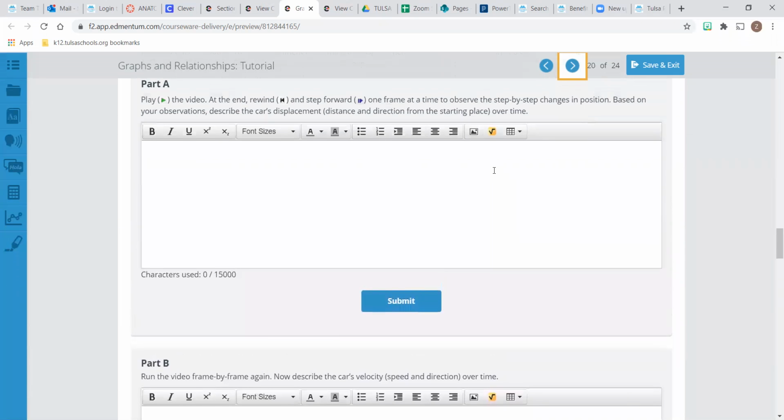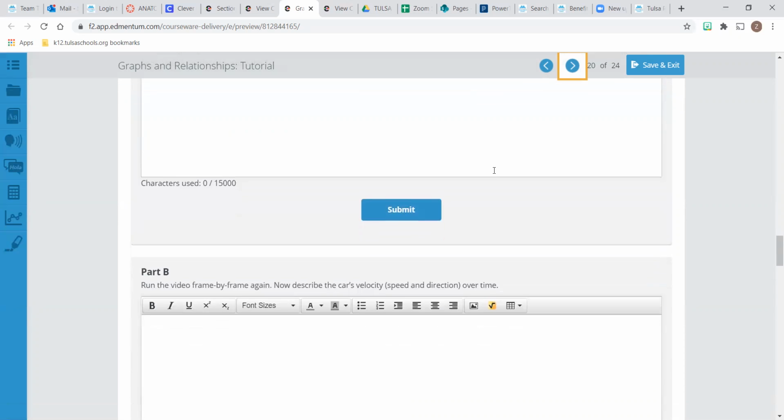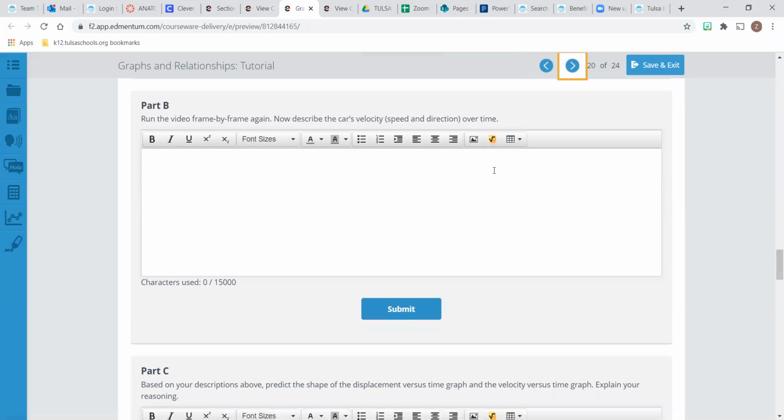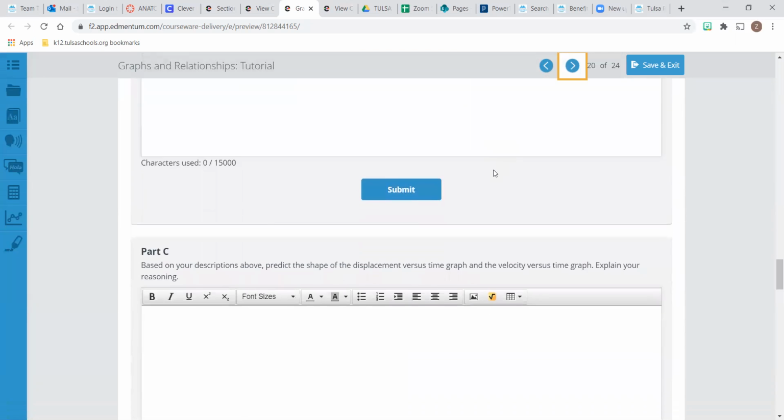So it asks you to look at the video, play the video. Based on what you're seeing, describe the car's displacement, distance, and direction from the starting point over time. It asks you to run the video frame by frame and describe the velocity, speed, and direction again.